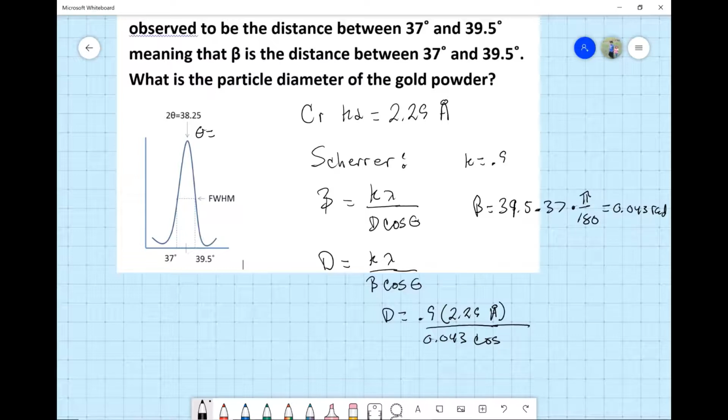So that's 19, we'll just say 19.13. So cosine, plug and chug away, 2.29 times 0.9 divided by that. I got about 50.73 angstroms.